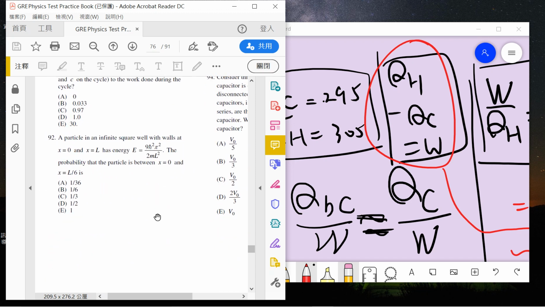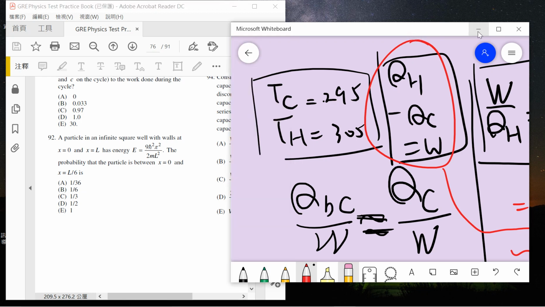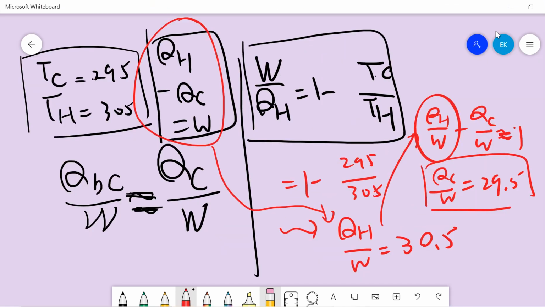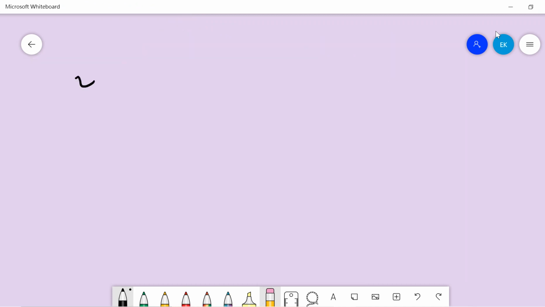So 92. 92 is basically the infinite square well potential, the infinite box. There are multiple ways to solve it, but I suggest that you remember the wave function.